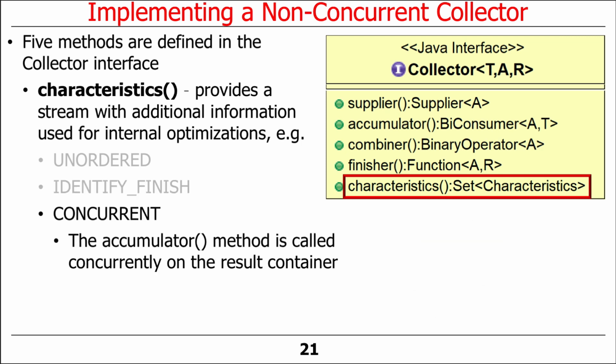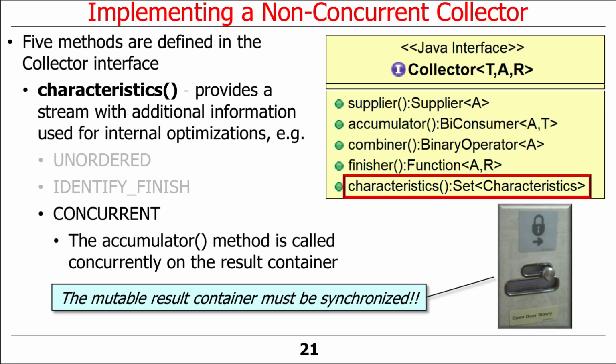The next element, which is really the whole point I was focusing on here, is concurrent. The concurrent characteristic means that the accumulator method is called concurrently on the result container, or could be called concurrently. What that means is there could actually be multiple threads of control that are all simultaneously accumulating elements into the mutable result container.